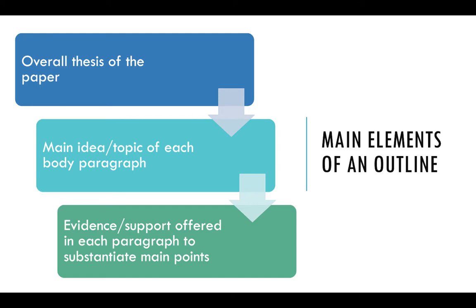You can list, okay, I'm going to use this quote from this source, or I'm going to use this particular piece of support, that kind of thing. That's something that's helpful to do. But when you're turning in an outline for me, the macro outline, you really are only going to use those 2 first things. So you're going to have the thesis. I should have your working thesis at the top. And then I need you to show me each main idea or topic of each one of your body paragraphs.